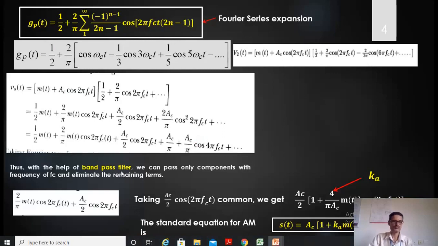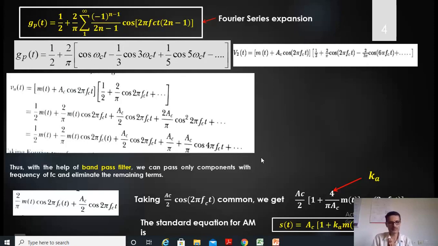Now, if I use a band pass filter, it will eliminate further any signal outside its band. Let me draw the filter characteristic over here. Okay, anyway, this is a band pass filter which has the response centered around fc.